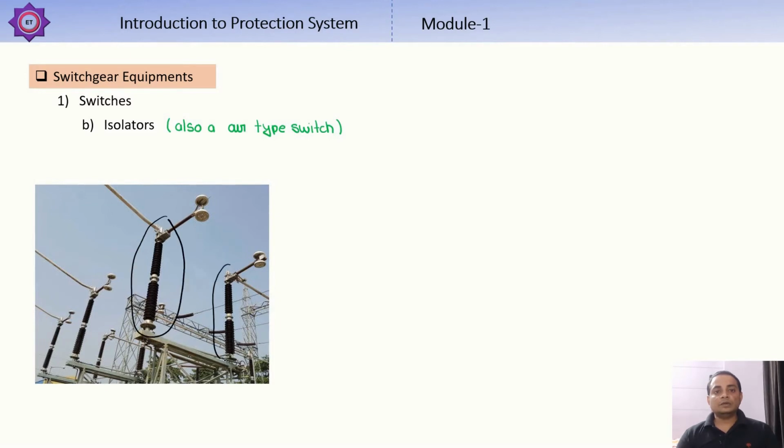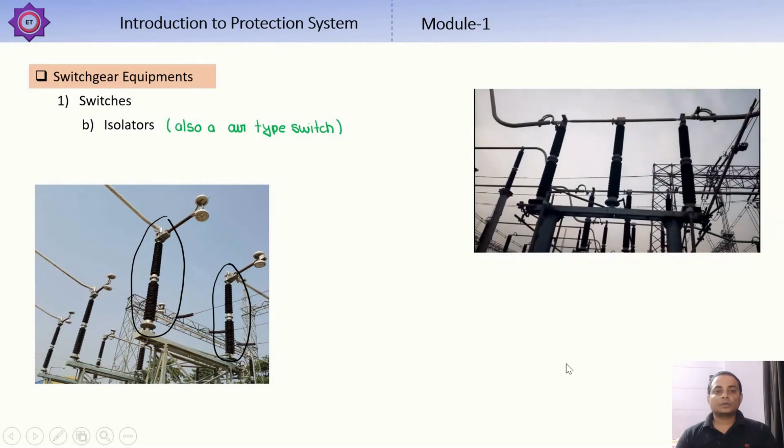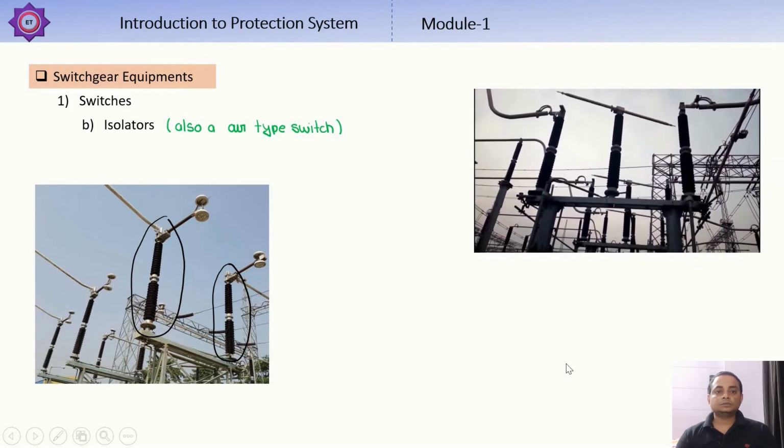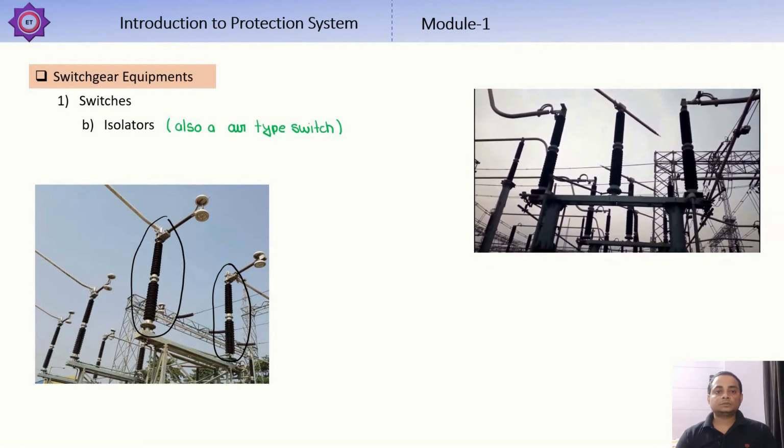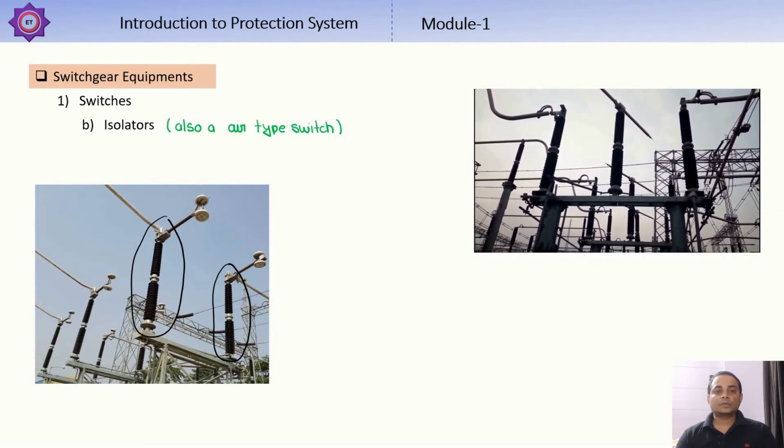Let us understand working of isolator with the help of a video. This one for R phase, this one for Y phase, and this one for B phase. And here we can see when isolator tries to open, there is no arc produced. That means isolator operates on no load condition.